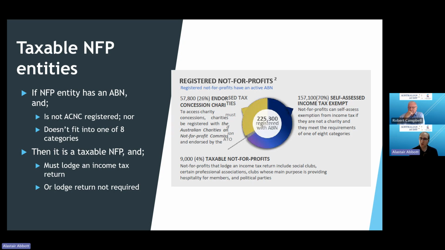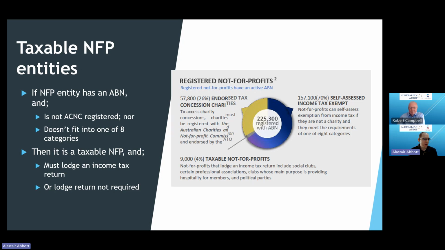But if neither of those apply, you then come down to this taxable not-for-profit, which as a starting point, is an entity that in its objects says it's a not-for-profit and it's designed for some purpose other than generating profit. And it's now going to have to prepare an income tax return and potentially pay income tax on the profits that it makes. However, there's this wonderful doctrine of mutuality.